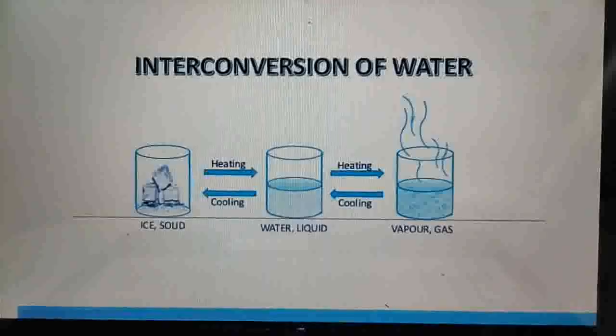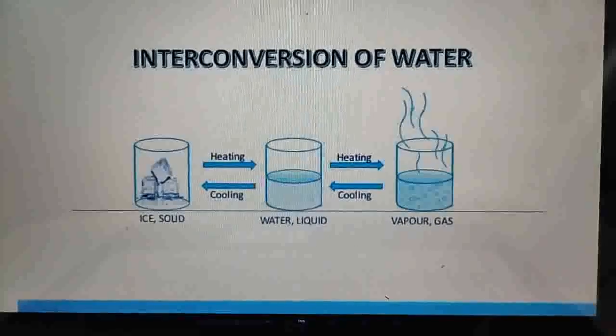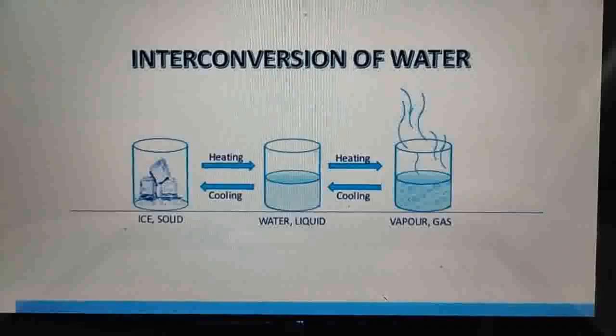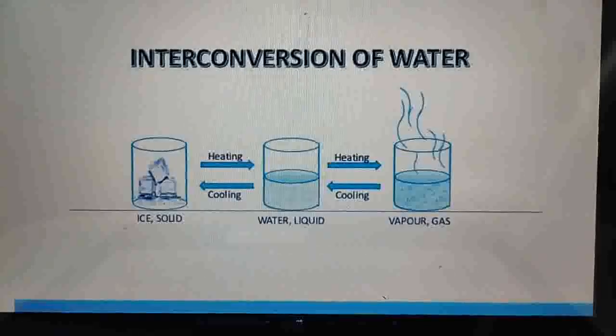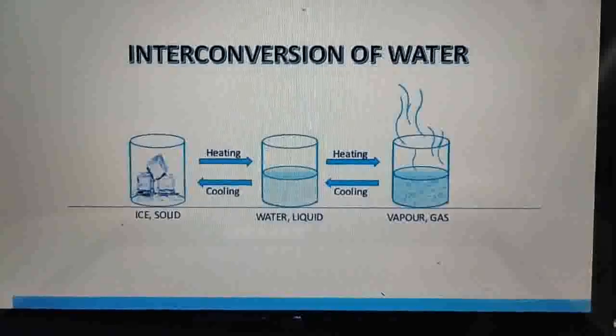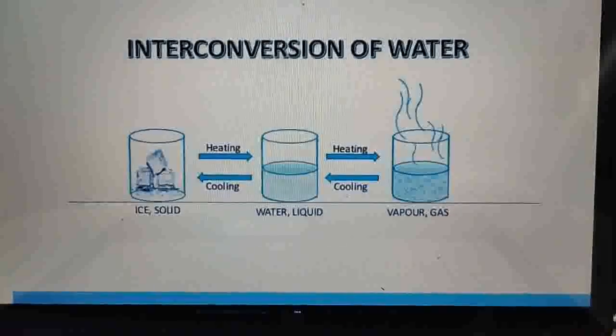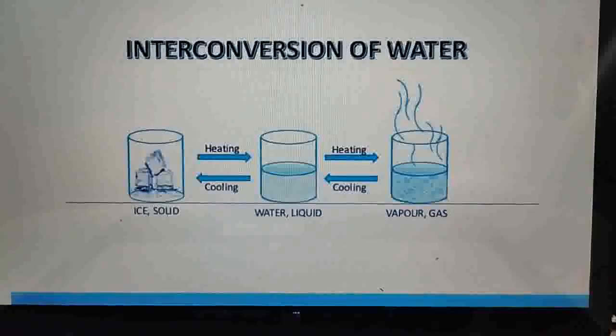So continuing with our example, what happens when we heat ice or a solid? It changes to water. And heating of water changes it to water vapors or steam. Now the reverse case. What happens when we cool water vapors?